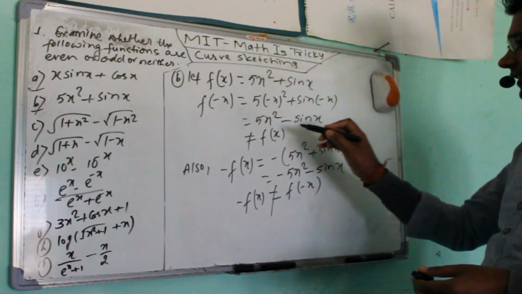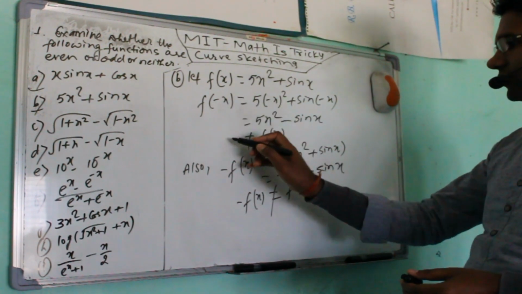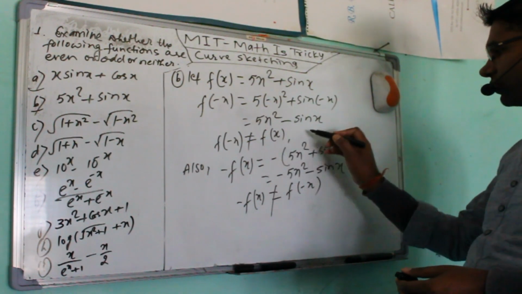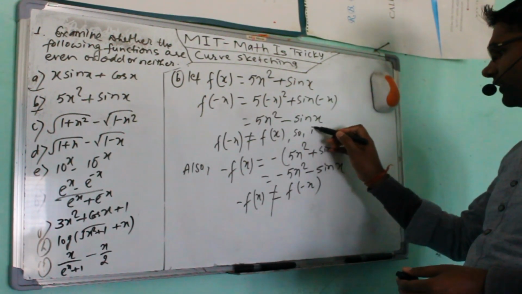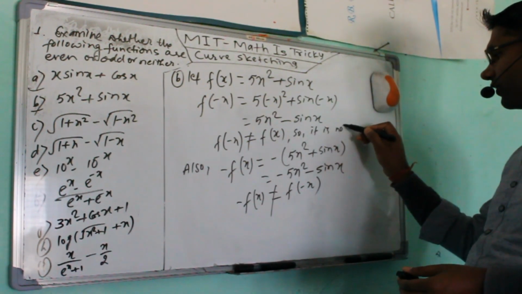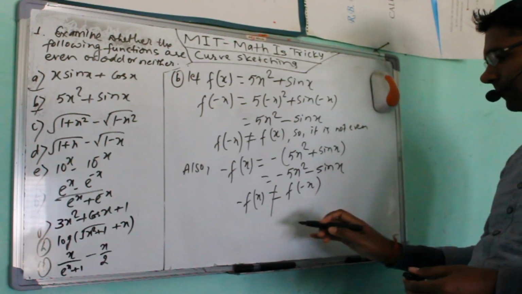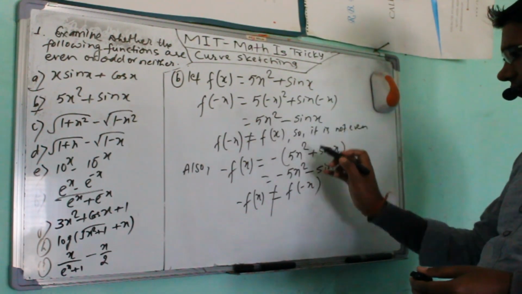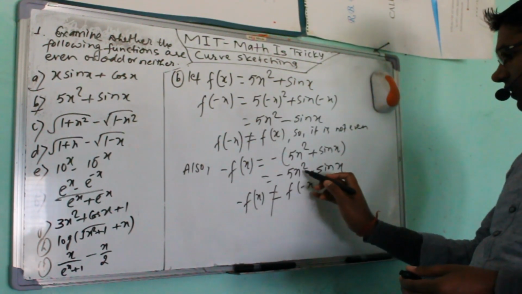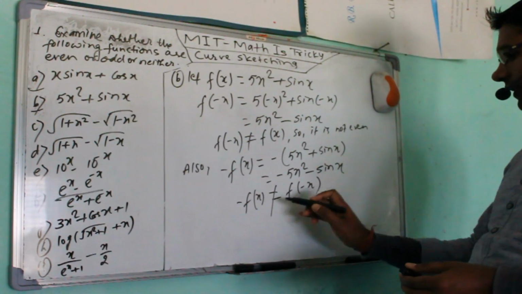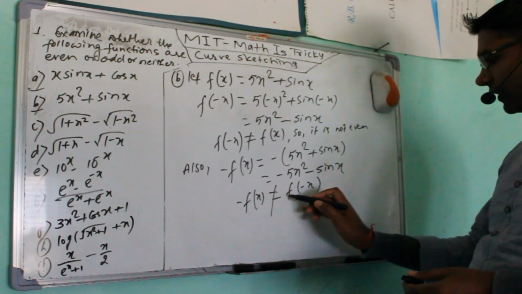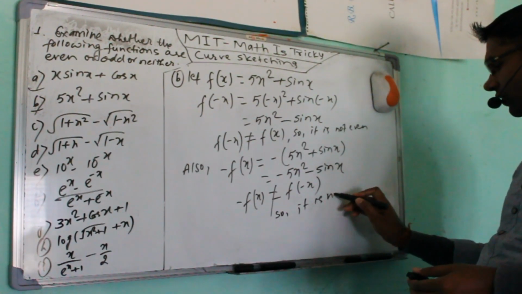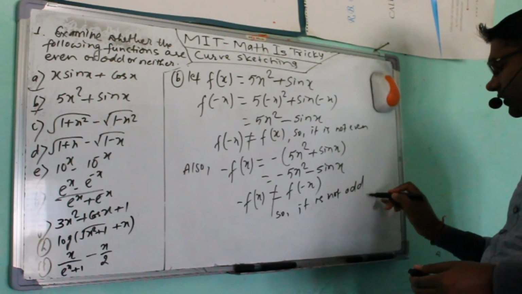So f of minus x is not equal to f of x, so it is not even. And minus f of x is not equal to f of minus x, so it is not odd.